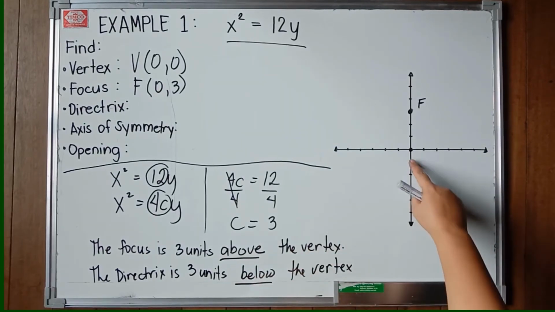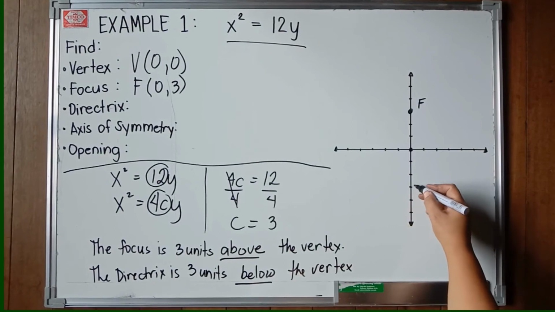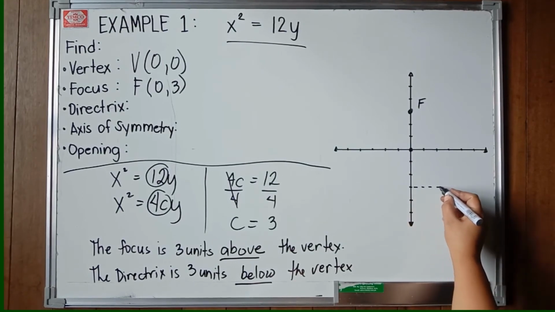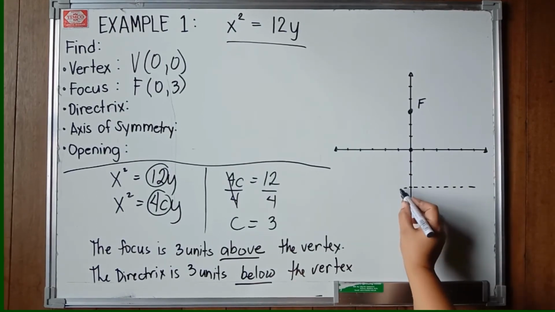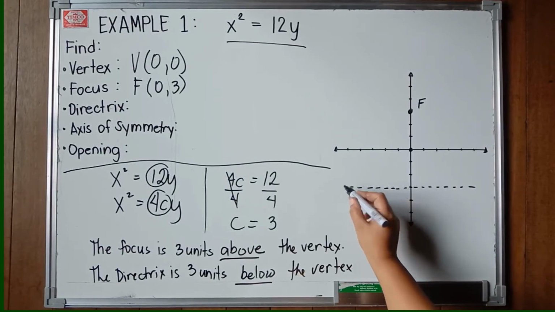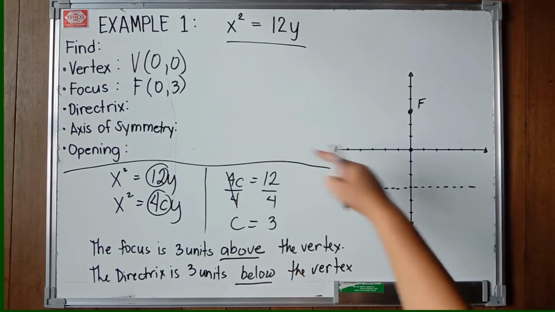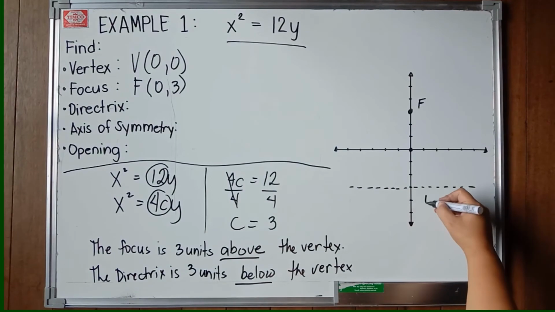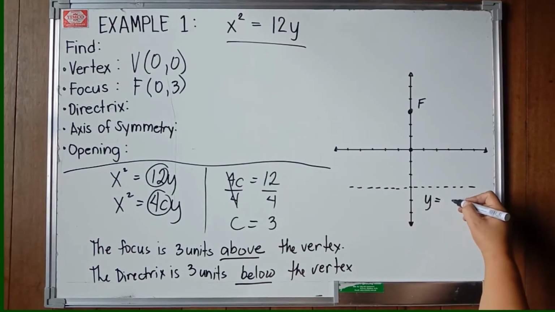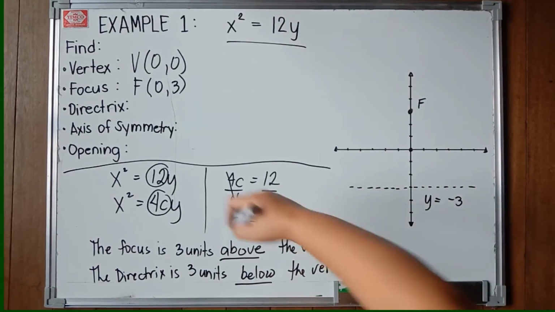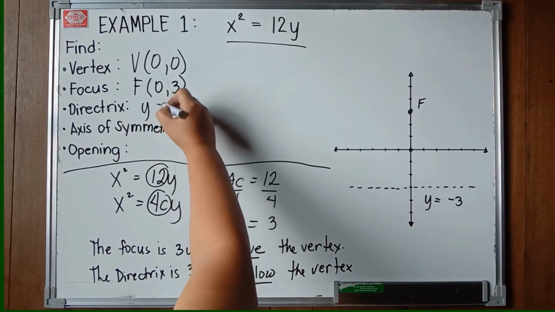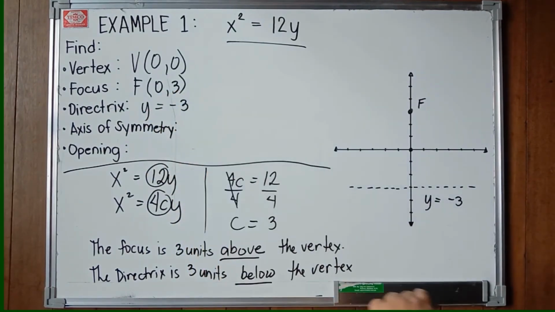And the directrix is 3 units below. The directrix is a line, so I will indicate it as a dashed line. So our directrix is y is equal to negative 3 since it is below the origin.